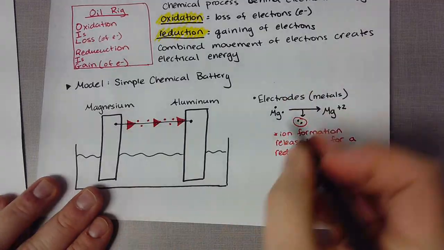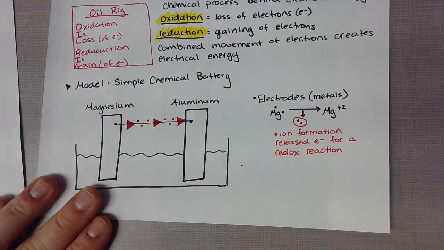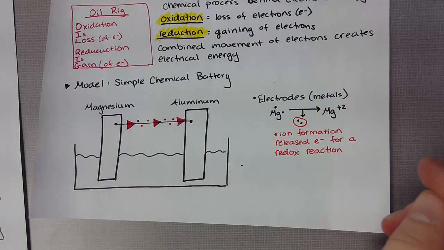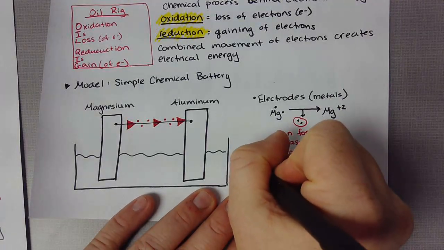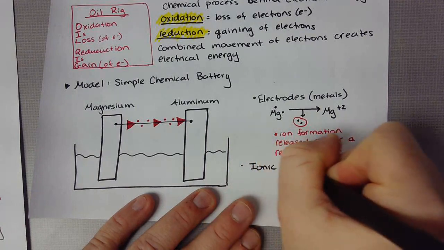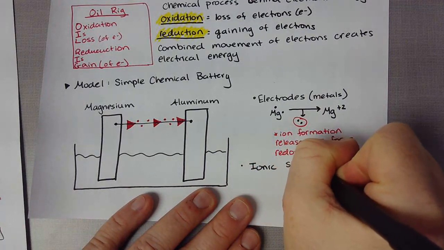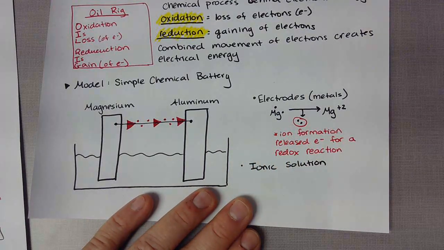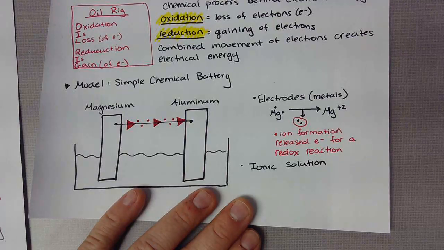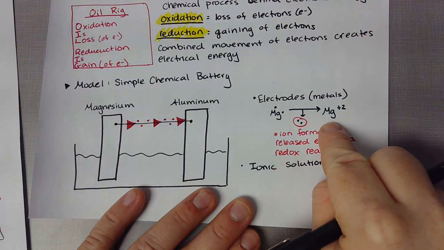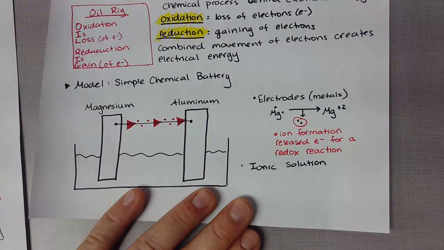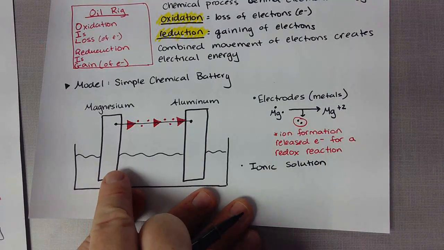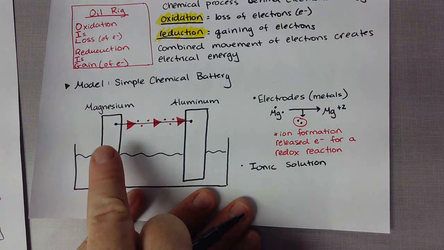Now, I also pointed out that these electrodes have to be sitting in something. We can't just have magnesium and aluminum on a counter. They have to be in an ionic solution because we're creating charged substances. So here we have Mg plus 2. We can't just build up a bunch of positive charges.